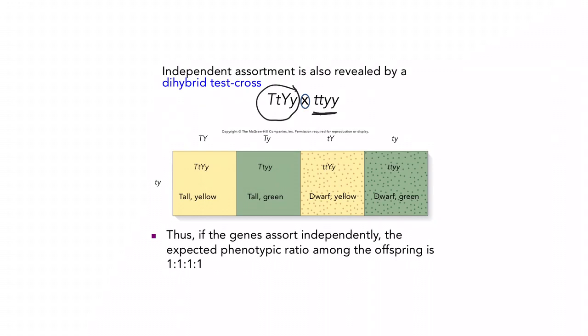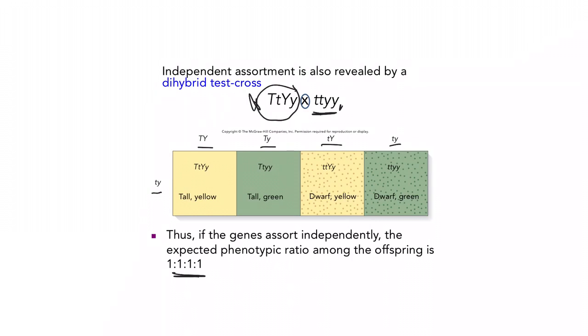The only alleles that the recessive homozygote can contribute are little r little y, because those are the only alleles that they have. However, because of independent assortment, we can get 4 possible haploid gametes from this parent that is a double heterozygote. If we put these together, we should see a 1 to 1 to 1 to 1 ratio in terms of those phenotypes.